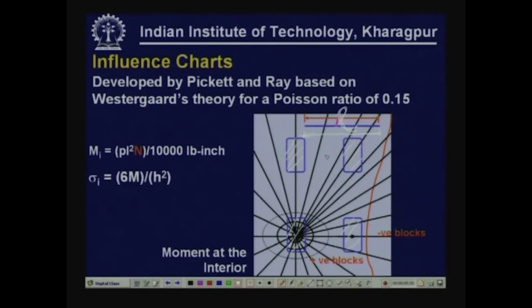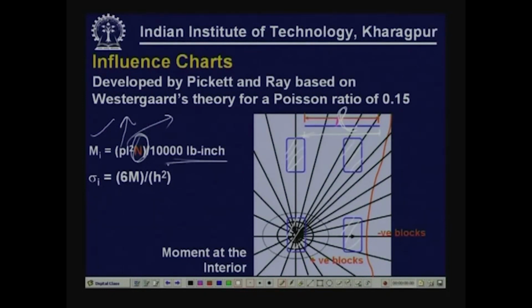What we have to do is count the number of blocks within these tire imprints, and count the blocks within all the wheel loads that we place on the influence chart. That is the number N that we have in this expression, where the moment in the interior region is a function of the contact pressure P, L, the radius of relative stiffness, and N, the number of blocks occupied by all the tire imprints.